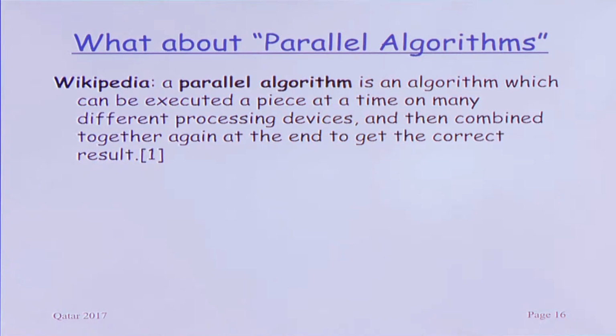Because this makes it sound like you do everything separately and then you combine it at the end. In reality, in a parallel algorithm, you're doing lots of things at the same time on different processes, but they're talking to each other all the time. So it's not that they're all working independently and then at the end they come together and agree on a solution. They're talking to each other. So it's like in this room, if you were trying to solve a problem, you could all go to your corner of the room and work on it independently and then come together. Or you could just discuss it among each other.